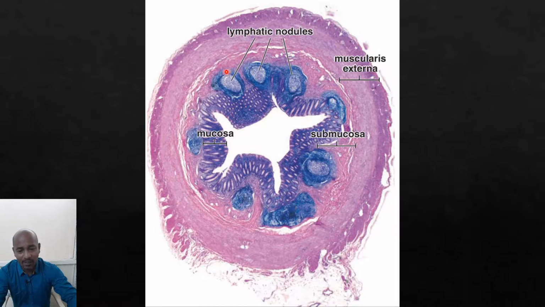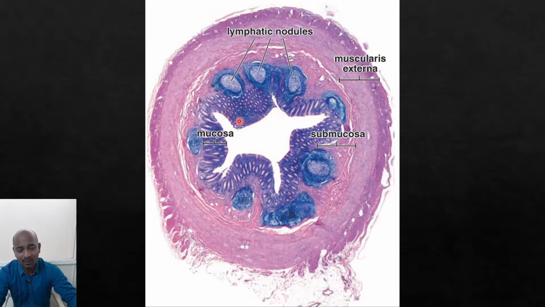But what you can see here is there are large lymphoid follicles or lymphoid aggregates just under the mucosa, and some of them enter or disrupt the mucosa and come up to the luminal surface.